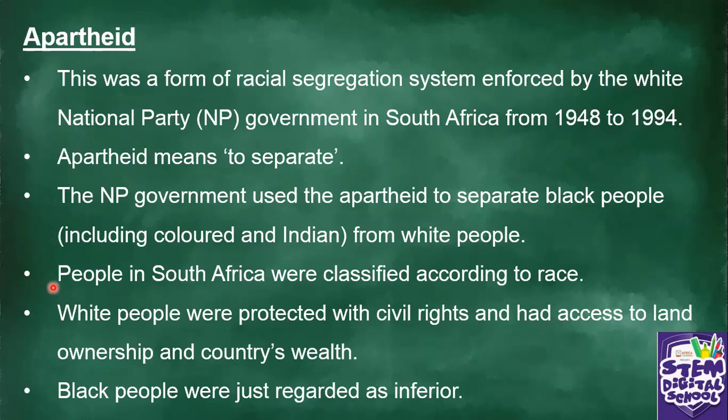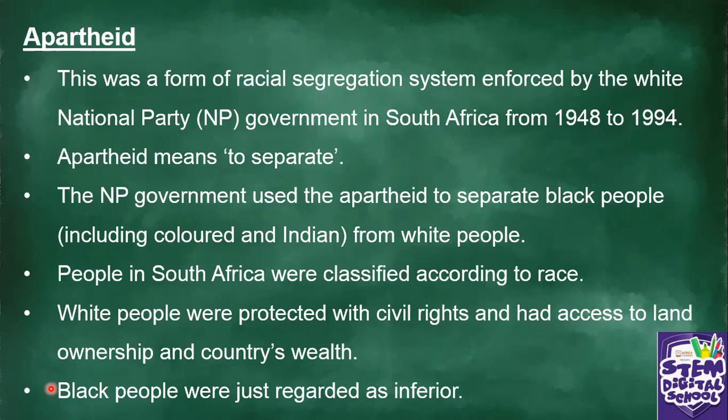People in South Africa were classified according to race. White people were protected with civil rights and had access to land ownership and also the country's wealth. So white people had many benefits during that time because they were protected by the law. But other people like black, colored and Indian people were suffering. Black people were just regarded as inferior.